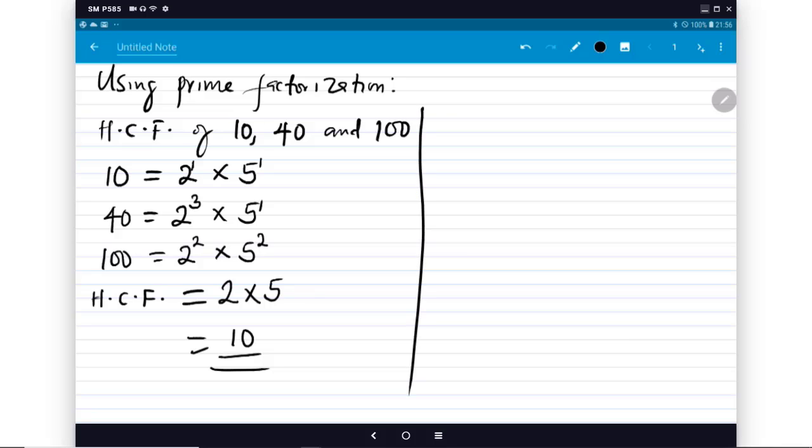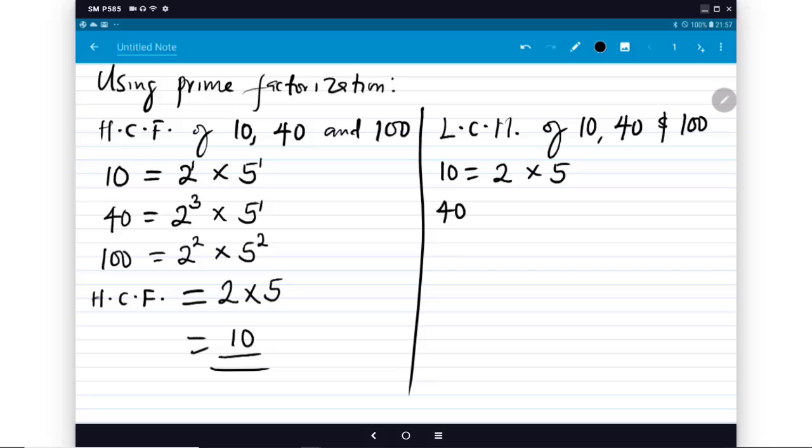And then to find the LCM of 10, 40, and 100, same process: express the numbers in prime factorization. So 10 is 2 times 5. 40 is 2 raised to power 3 times 5.